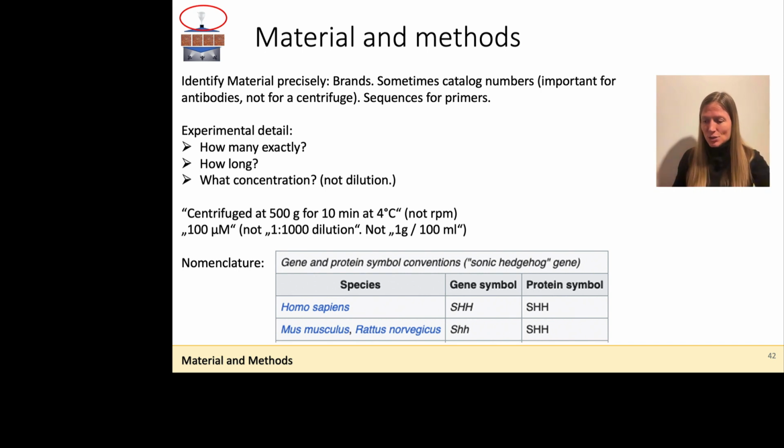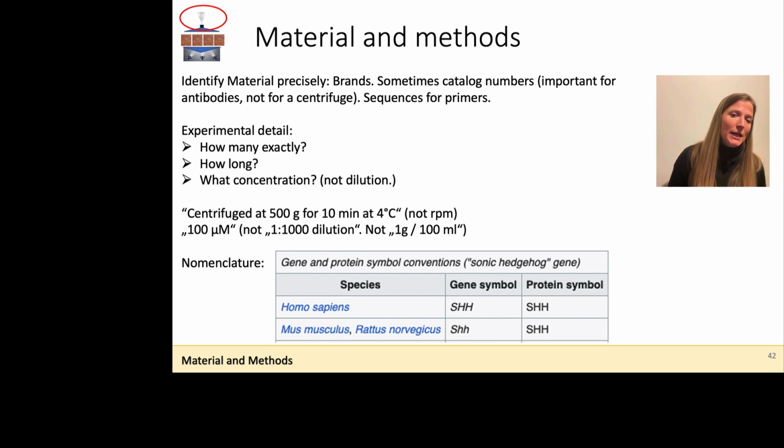So there's a huge bandwidth, and I'm usually fine with a rather concise version of it. But this is up to you in a thesis, for my taste. I want to know the concentration, etc. You want to see it is centrifuged at so much g for so many minutes at which temperature.